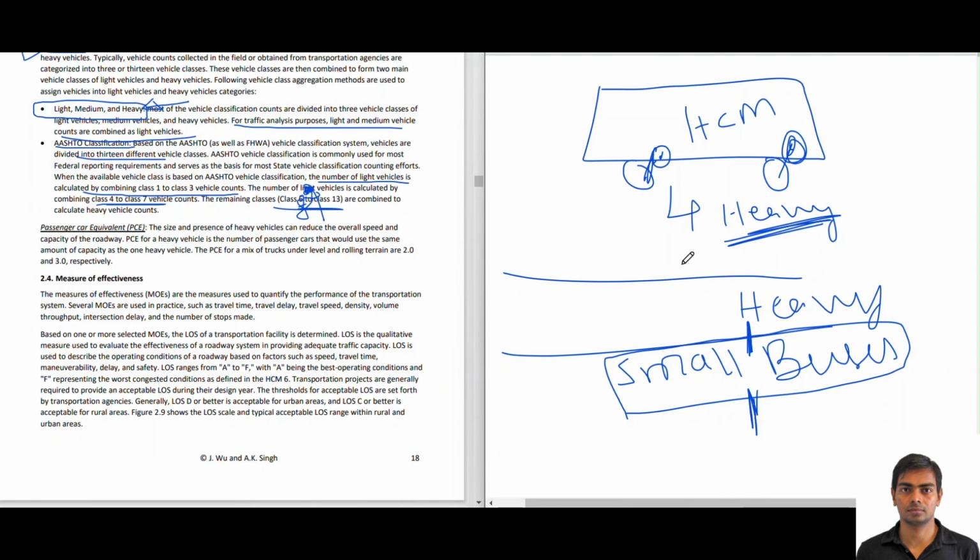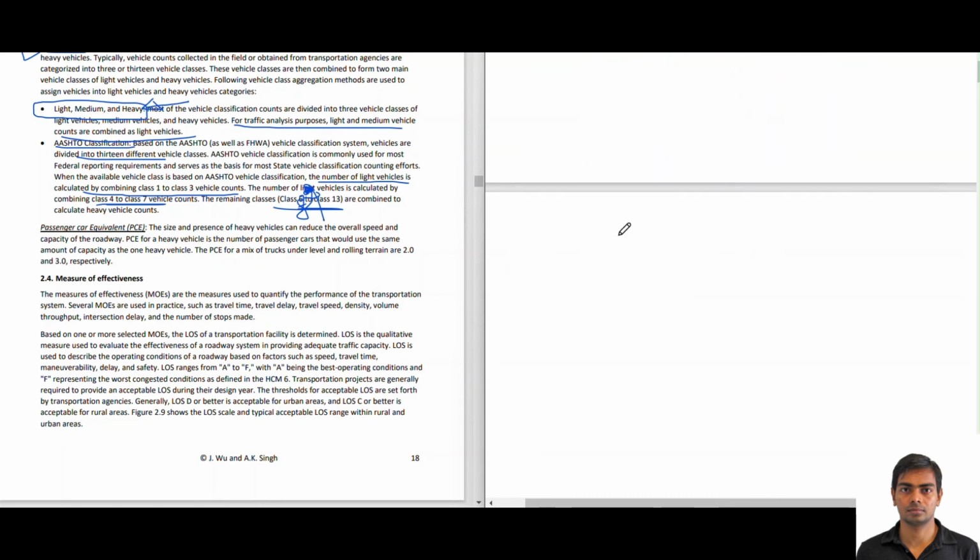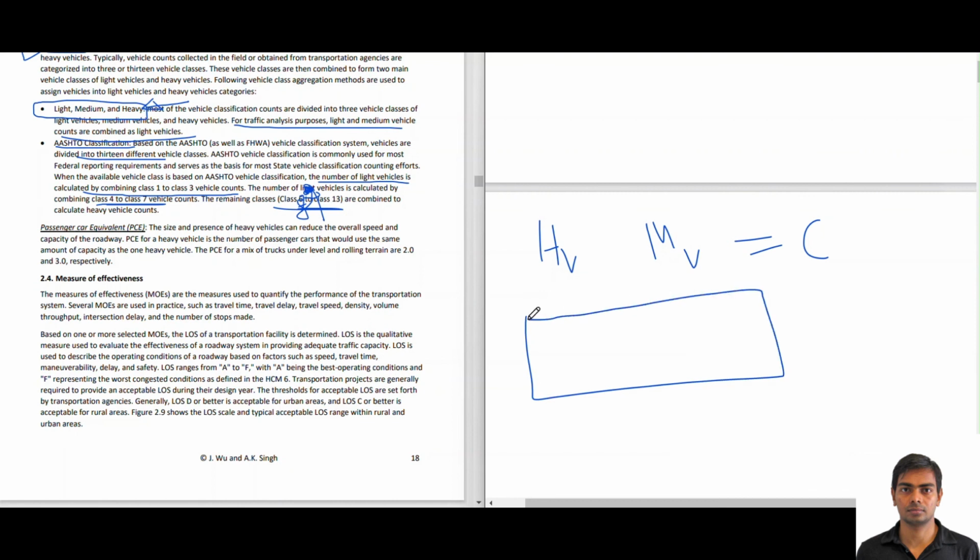Next concept is passenger car equivalent, which is to change the heavy vehicles and medium vehicles into equivalent cars. The level of service is defined by a single number called passenger car unit, PCU or PCE, passenger car equivalent. So heavy vehicles, based on their influence, are converted into equivalent cars.